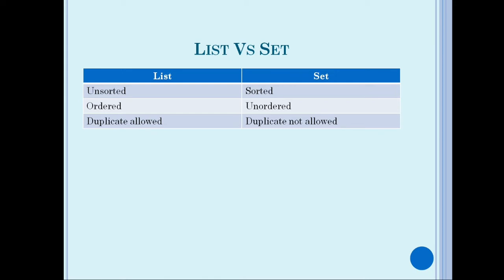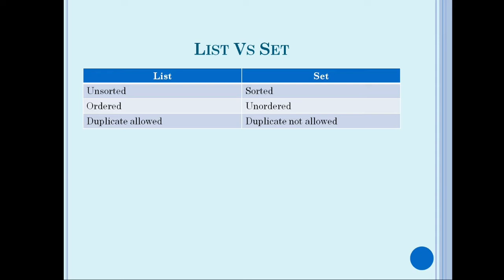So first, the difference between List and Set. The list in general is unsorted, is ordered, and duplicates are allowed. When we say it's unsorted, it means if you add the elements, they are not going to be sorted. The way they are added, when you retrieve them, they will be in the same order.